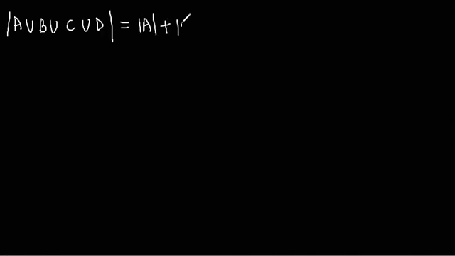If the 4 sets are given as A, B, C, D, then your formula will be the sum of all single sets, so the cardinality of A plus B plus C plus D, minus the intersection of 2 sets.